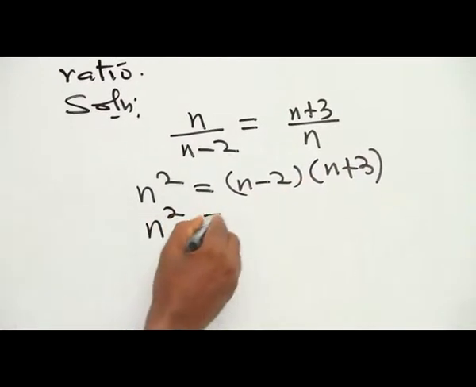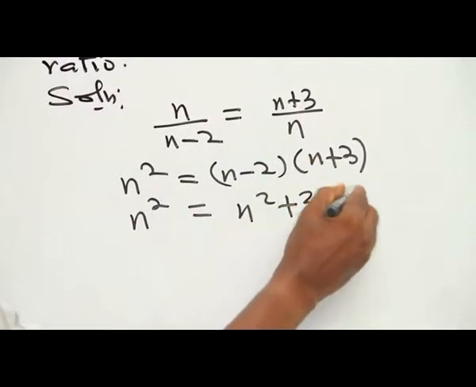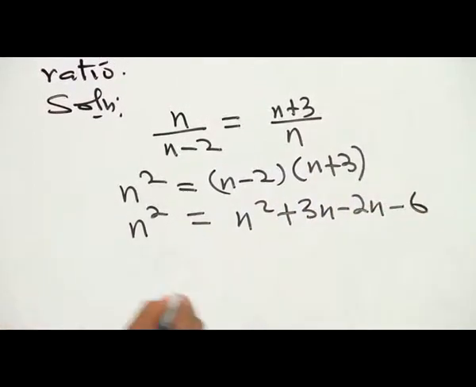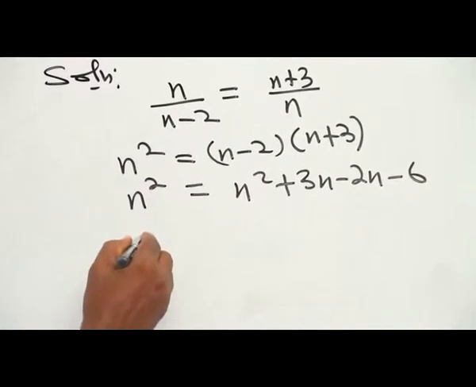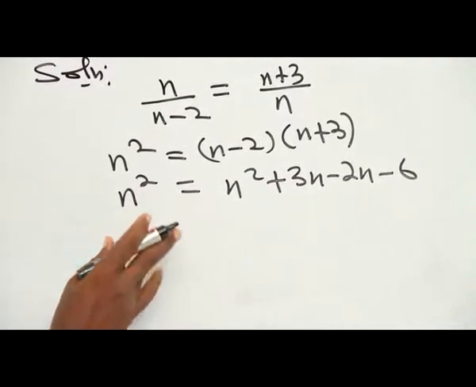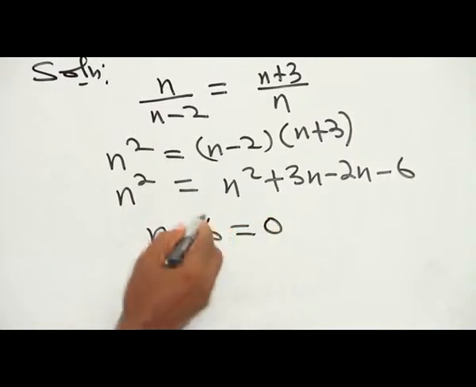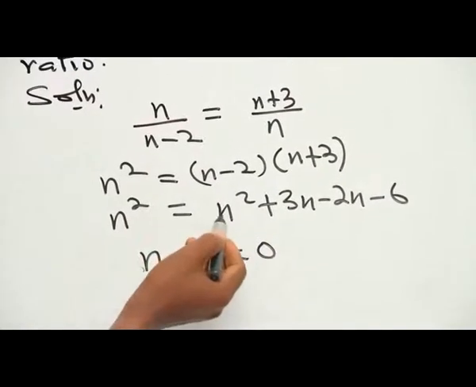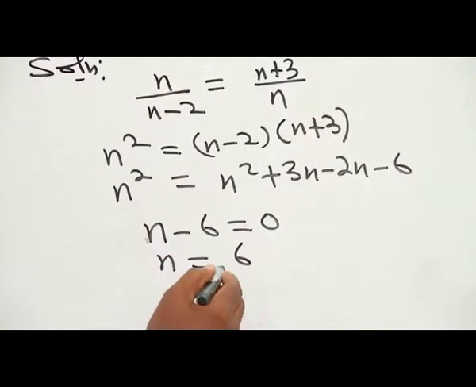This will give you n squared plus 3n minus 2n minus 6. Collecting like terms, we have 3n minus 2n will give you n minus 6 is equal to 0, because n squared minus n squared will be 0. Therefore, your n is equal to 6.